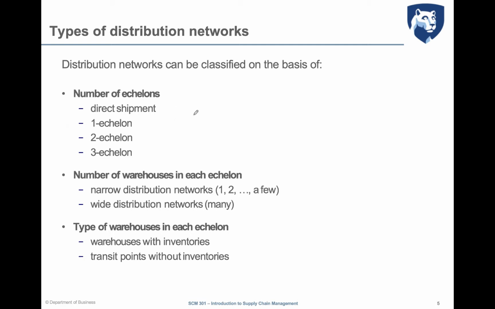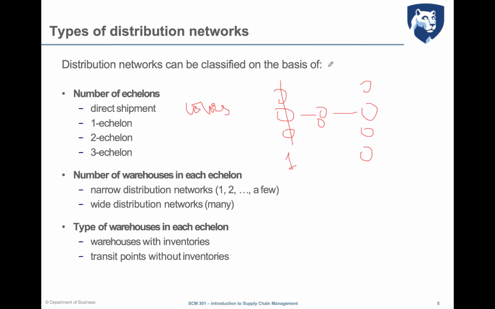So the number of echelons, which are the number of levels that characterize the distribution network, the number of warehouses at each level, and then the type of warehouse in each echelon.